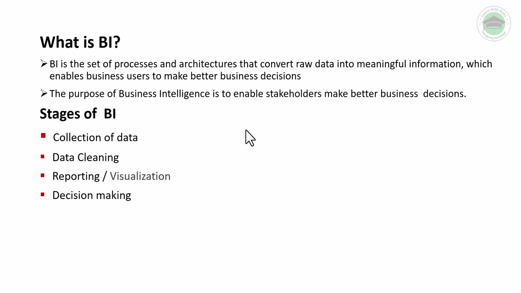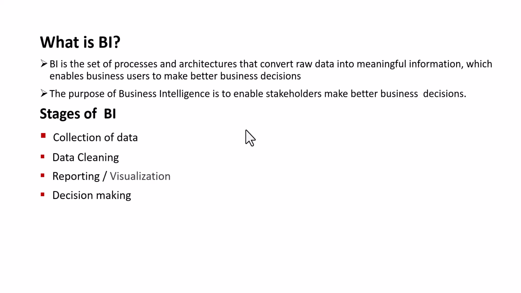Next, we have stages of BI: collection of data, data cleaning, reporting or visualization, and decision making are the four different stages of BI. In the very first stage, we will collect or gather information from different sources and store them in the form of a table or flat files. Whatever data we have collected will not be readily available for building visuals.